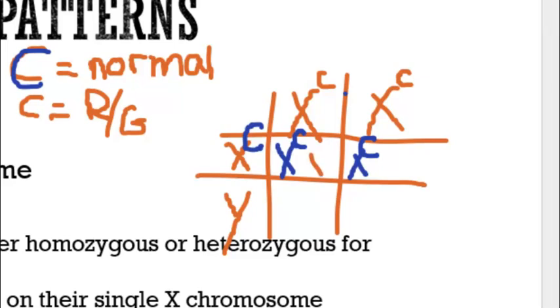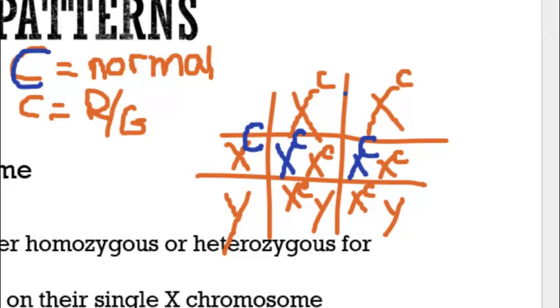We're going to bring down our other X with our little c, X with our little c. And then these X's come straight down. Sorry, this is so messy looking. And then our Y comes across, X with a little c and a Y.